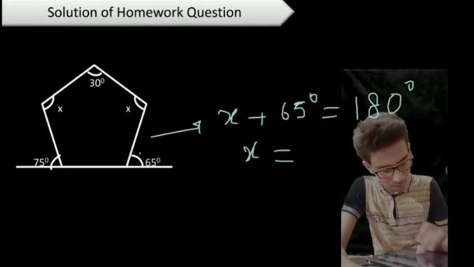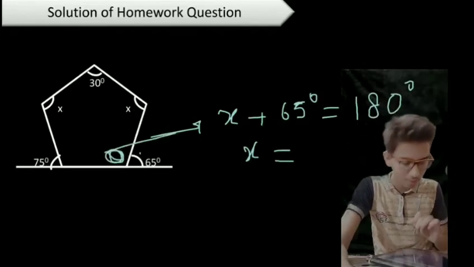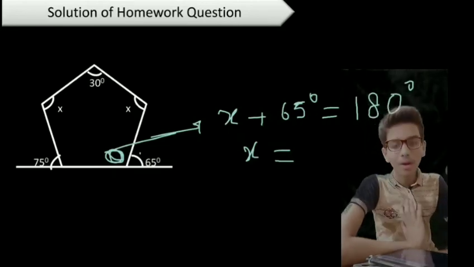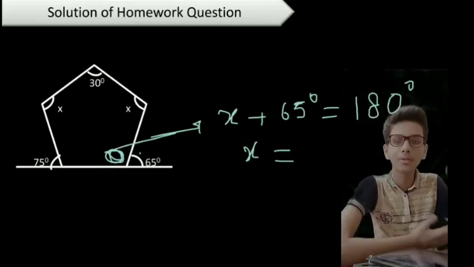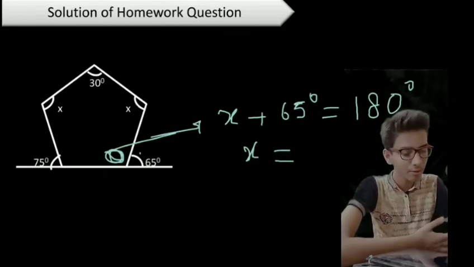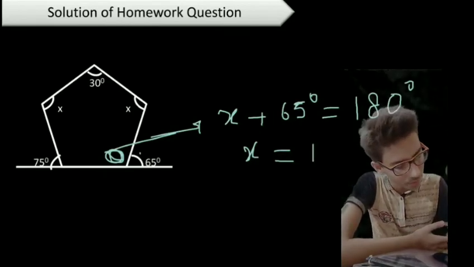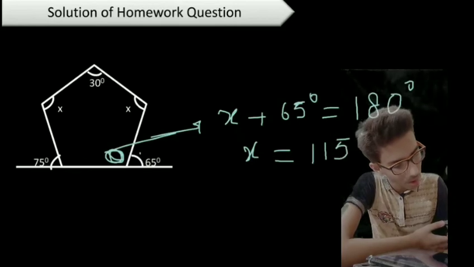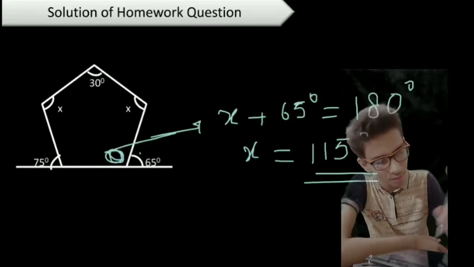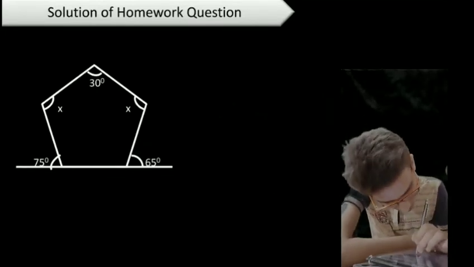So let me draw this arrow. We are going to find this angle, right? So x will be equal to 180 minus 65, which gives 115. Correct? This is 115, so let me write over here 115.